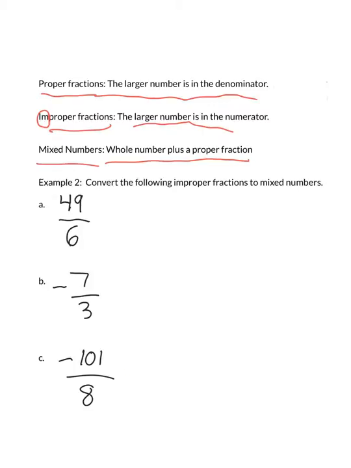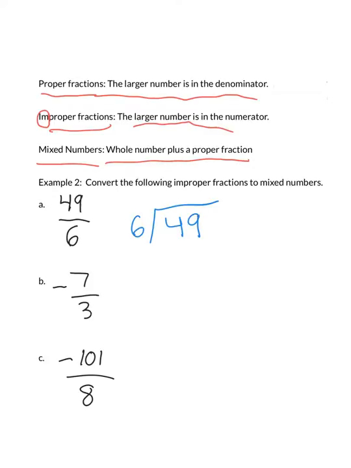Whenever we're going from improper to mixed number, we're just going to simply divide. Fraction bar means division anyway. We're going to divide out our number, and we're going to format our answer as a remainder number rather than as a decimal number. So 6 is going into 49.